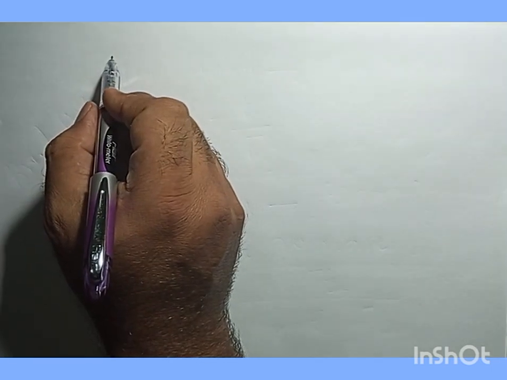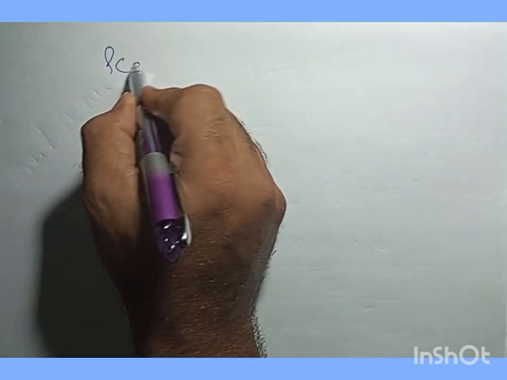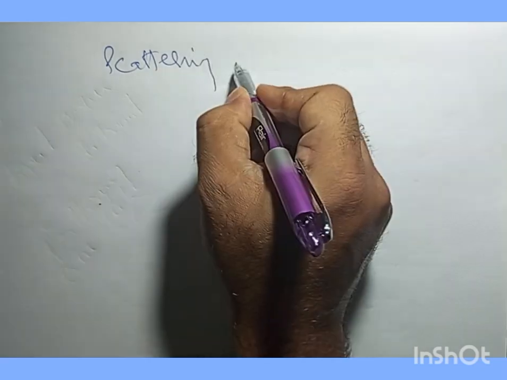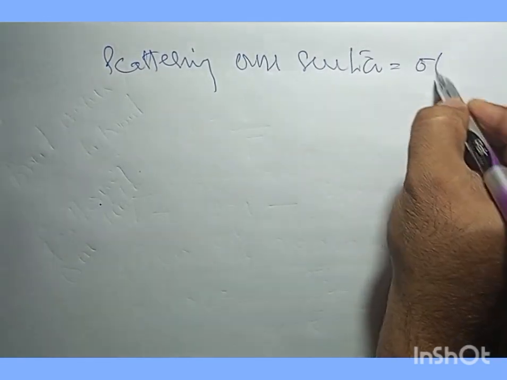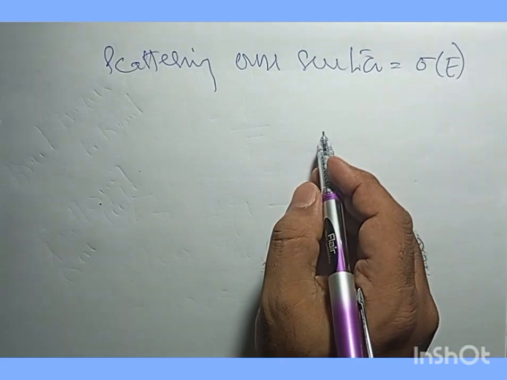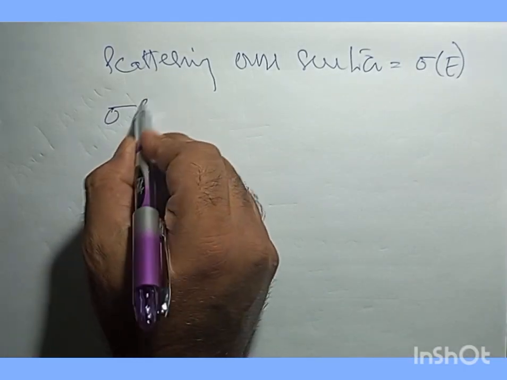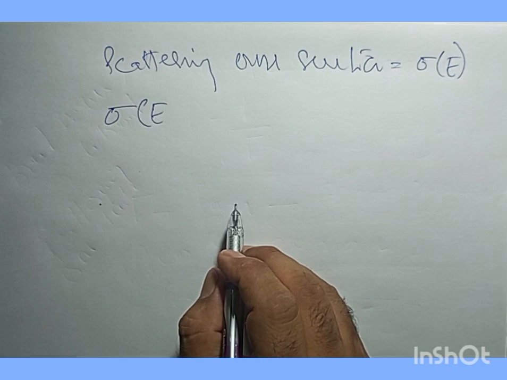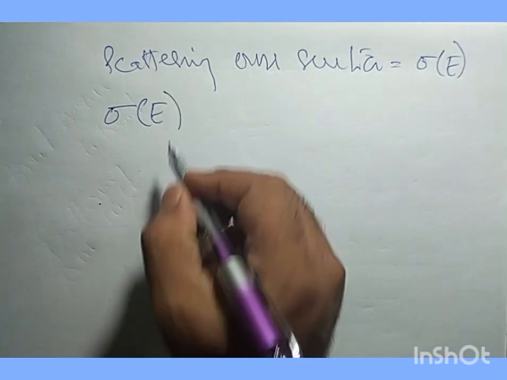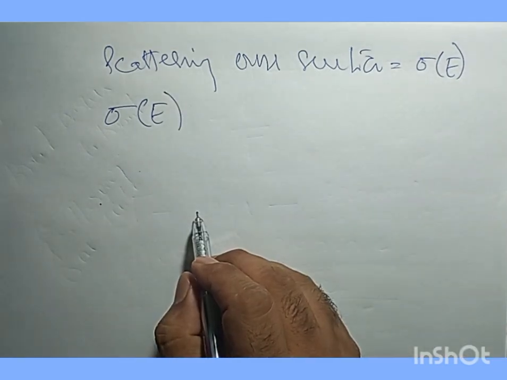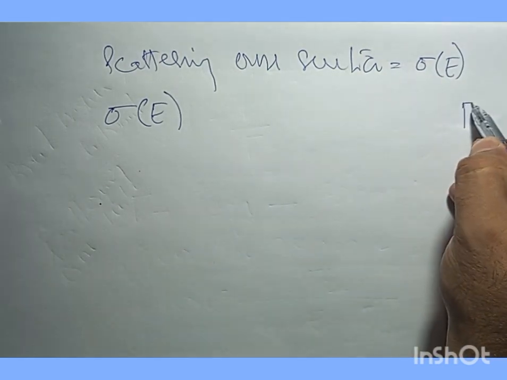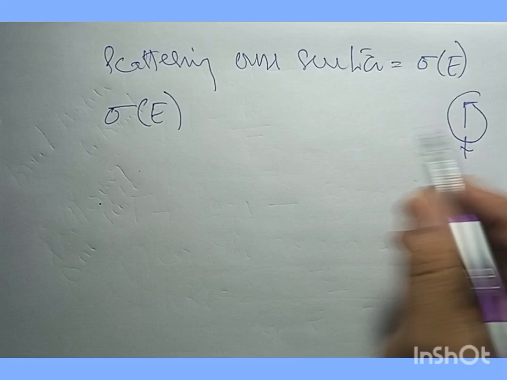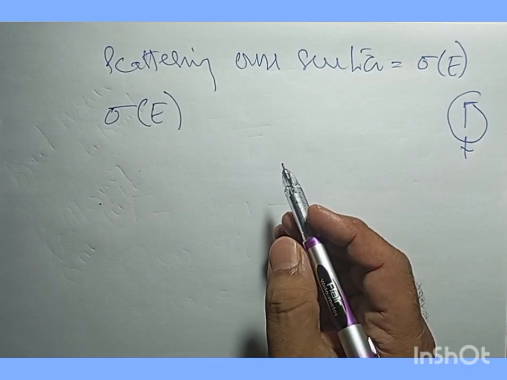If I know the scattering amplitude, I can immediately think of the scattering cross section. Say the scattering cross section is sigma of E. This sigma of E represents the probability of scattering as a function of energy, and it also depends on the resonance width, so it must depend on it.